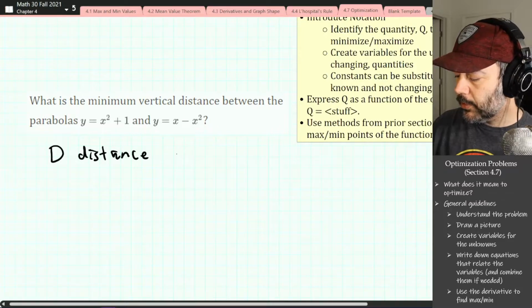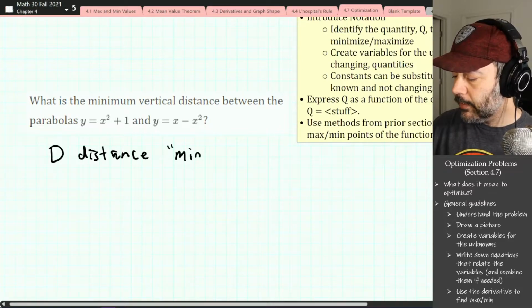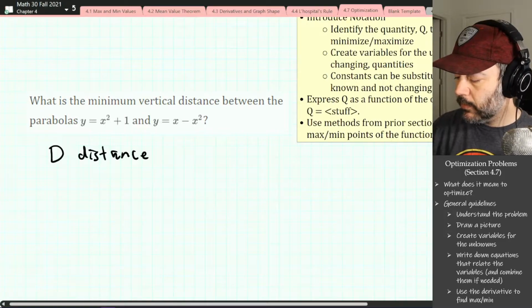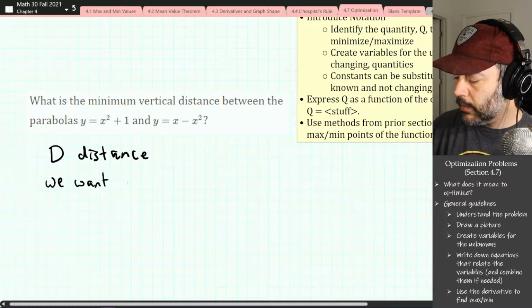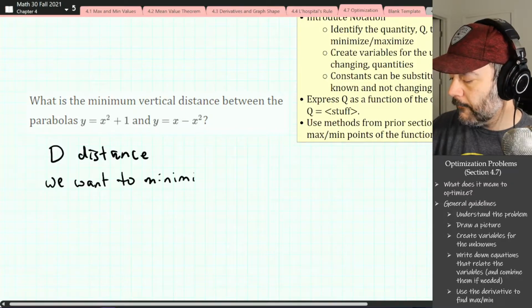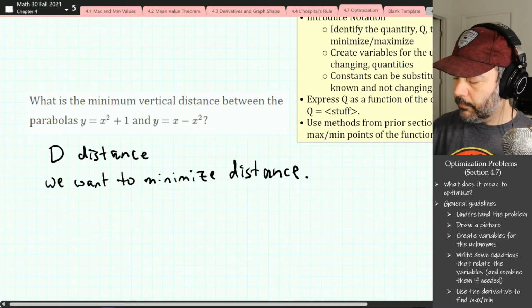Because I see in the question we want to basically minimize distance, whatever that means. But it says we want, I'm paraphrasing, we want to minimize distance. Okay, so we want to minimize the distance.